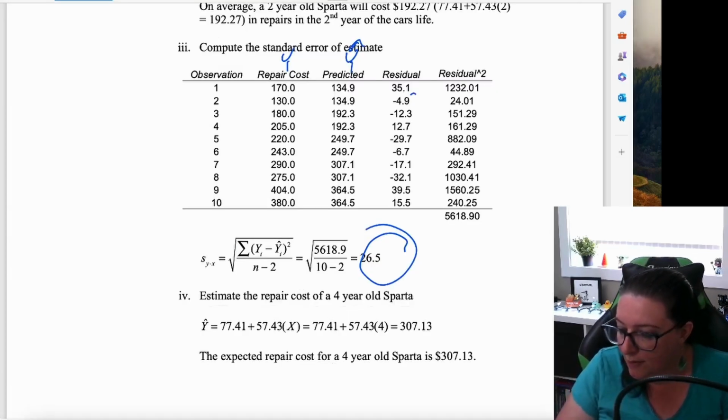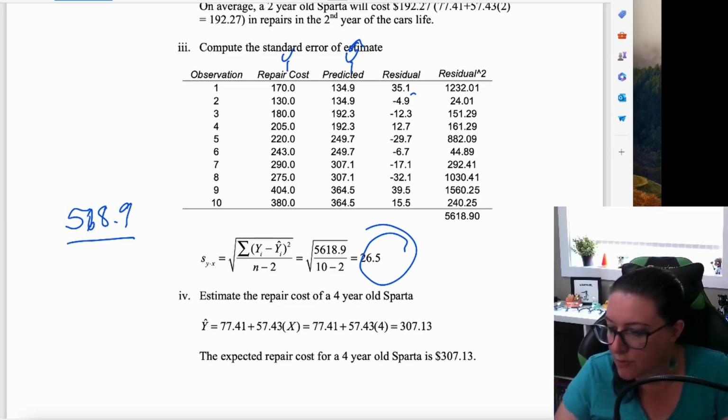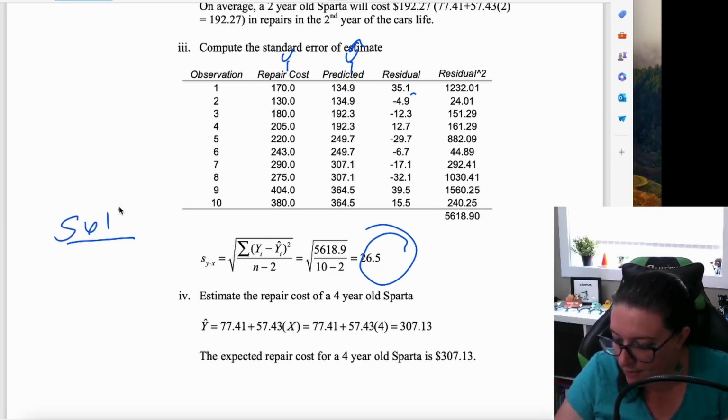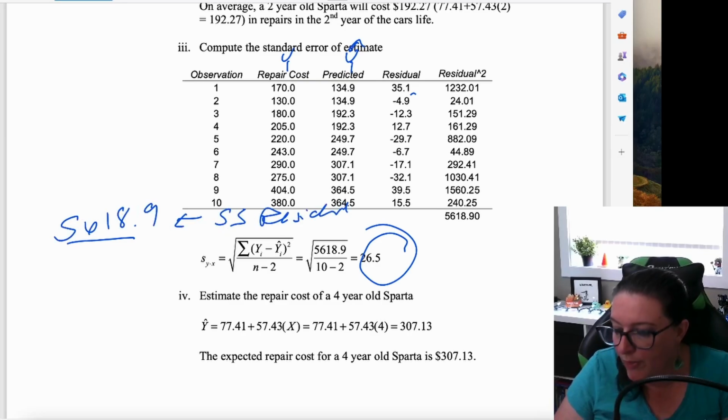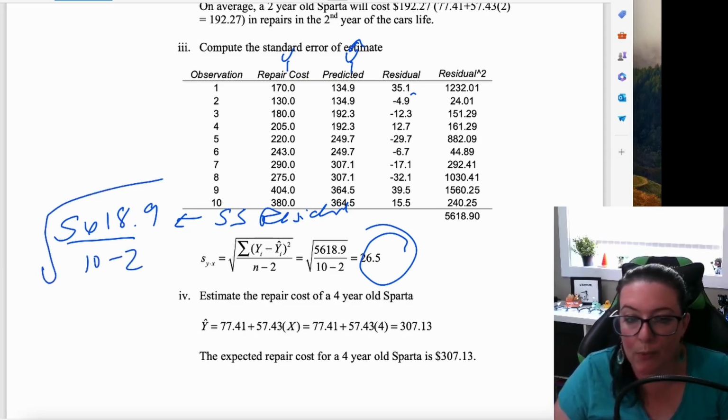We then divide by n minus 2, which is 10 observations minus 2, and then take the square root of that.